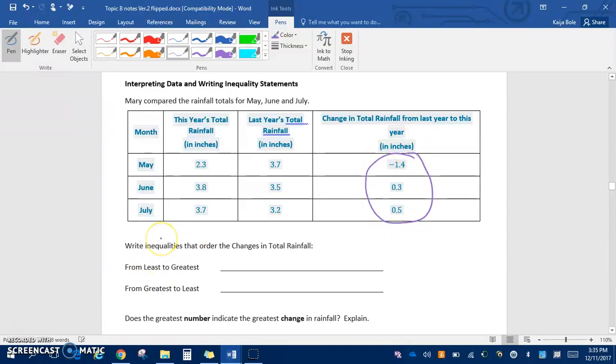From least to greatest, least would be, of course, the negative number, -1.4, which is less than 0.3, which is less than 0.5. If we went the other direction, from greatest to least, we would start with 0.5, which is greater than 0.3, which is then greater than -1.4.